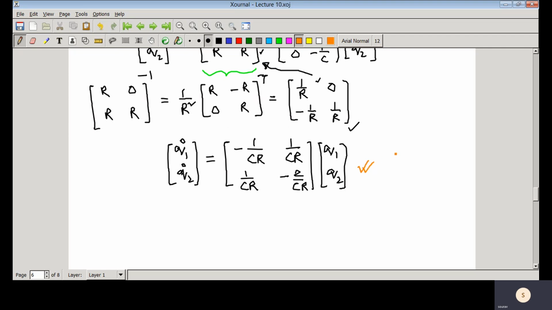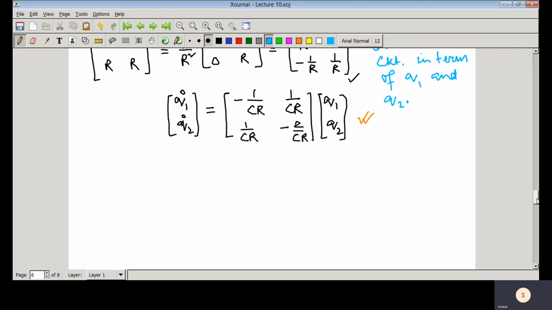So now interestingly, we can also describe that circuit. We have described the circuit in terms of q1 and q2, the charges stored in the capacitors.